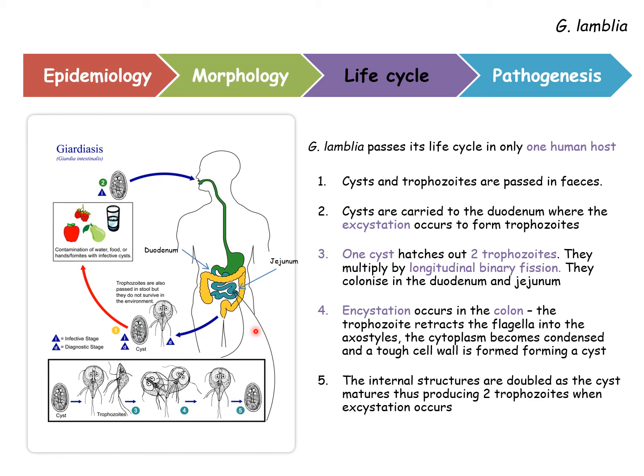During encystation, the trophozoite retracts the flagella into the axostyles, the cytoplasm becomes condensed, and a tough cell wall is formed, finally leading to the formation of a cyst. The internal structures are doubled as the cyst matures, thus producing two trophozoites when excystation occurs again.